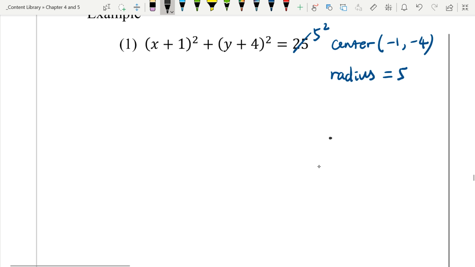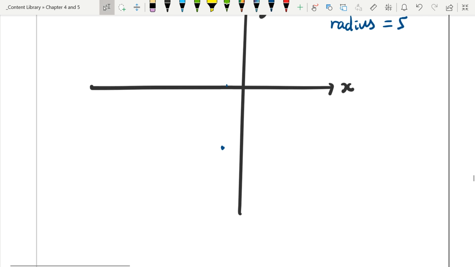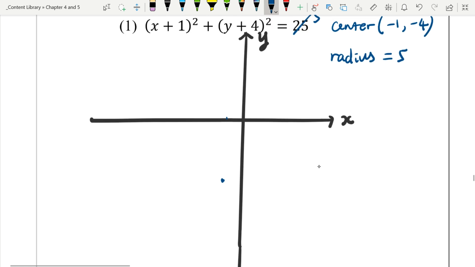So -1 and -4. Y here, x here. So the first thing we'll do is we find the center and we need to label the center. Okay, we extend what below here. So this point is -1, -4. Any questions? And radius is 5.